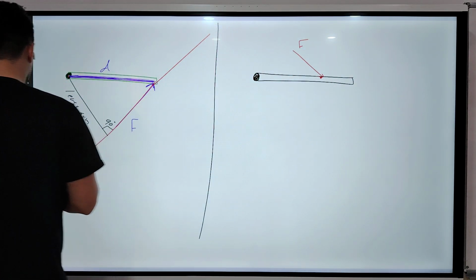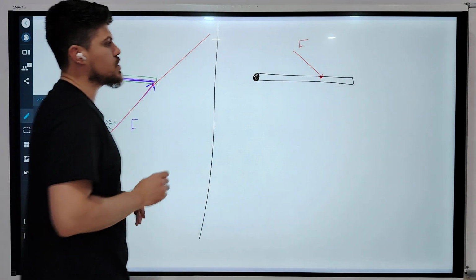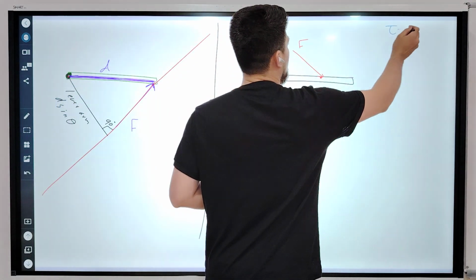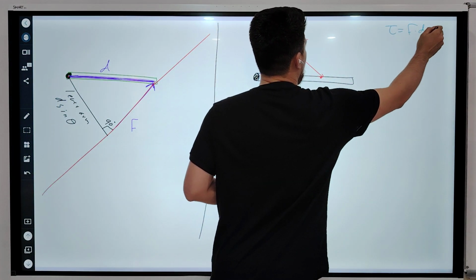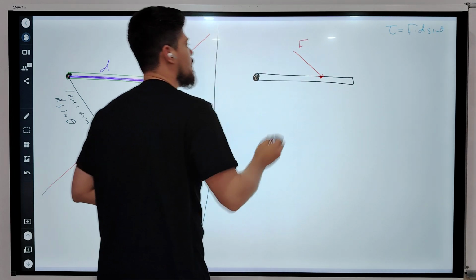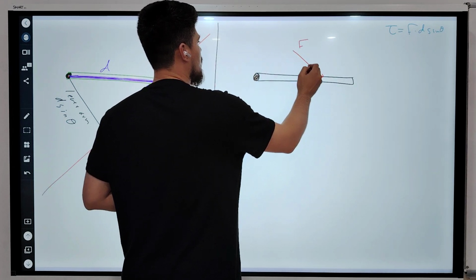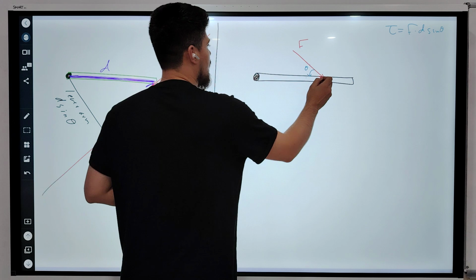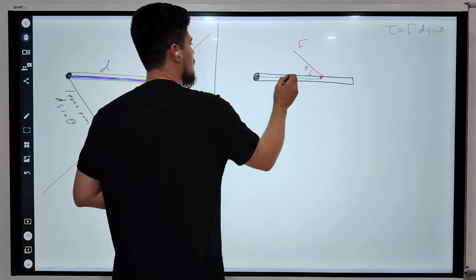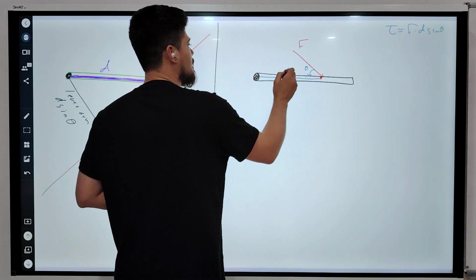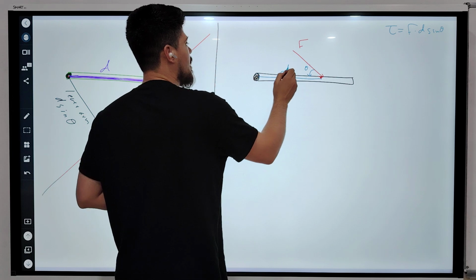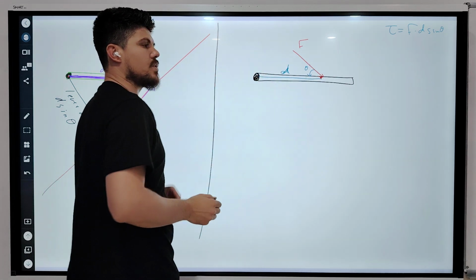Where is D? In the equation of the torque, as you know, we have F D sine theta. This is the angle between force and D, and this is D, the distance from the applied force to the axis of rotation.